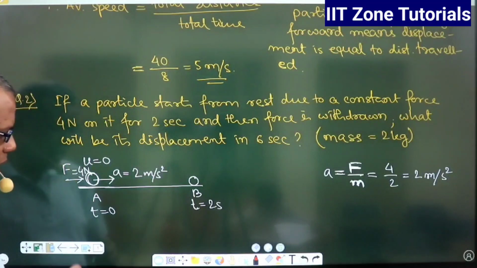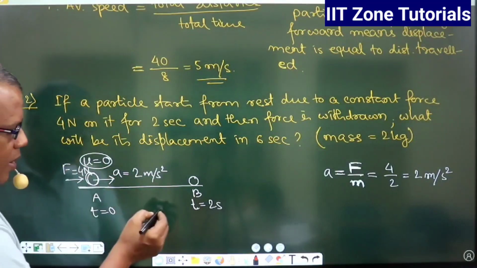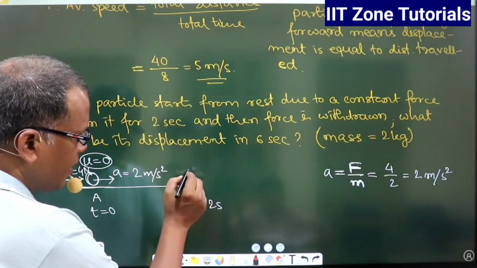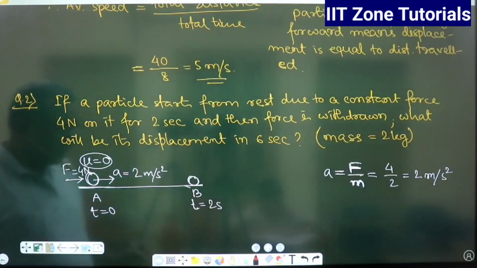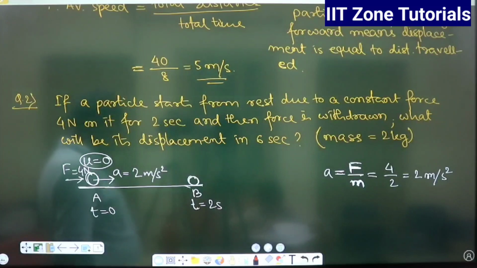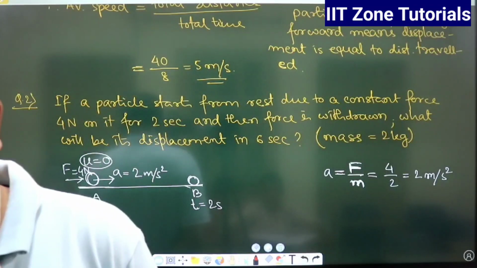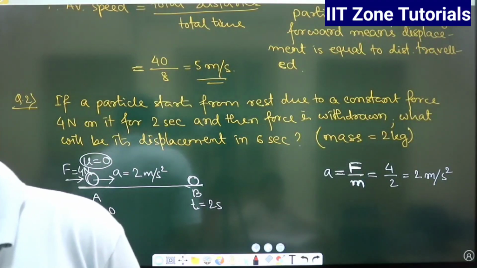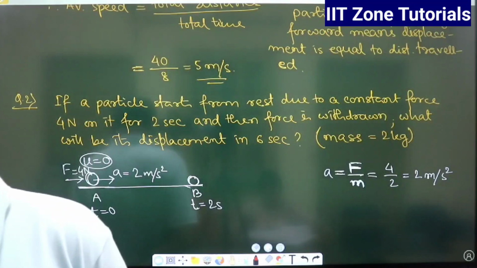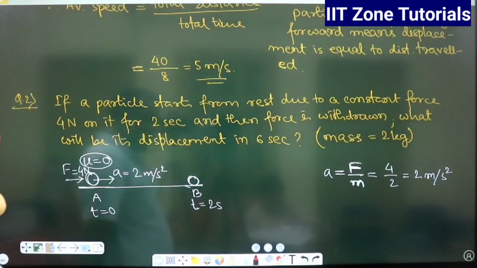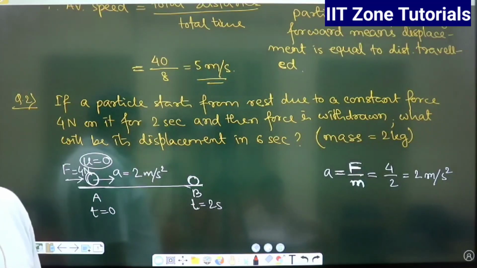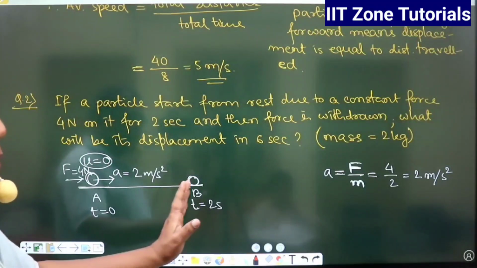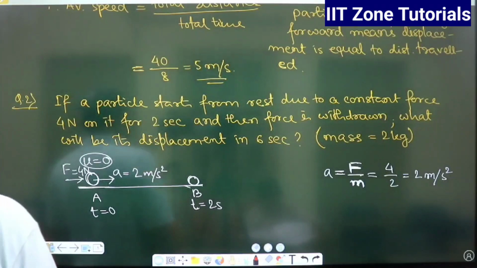Right. So though the particle started from rest, will there be any velocity achieved by the particle after traveling 2 seconds with constant acceleration? It must gain some velocity. The velocity achieved by the mass at position B, which is the instant of 2 seconds, will definitely help the mass to move further for the next 4 seconds.